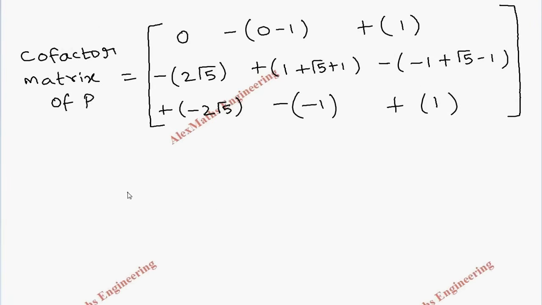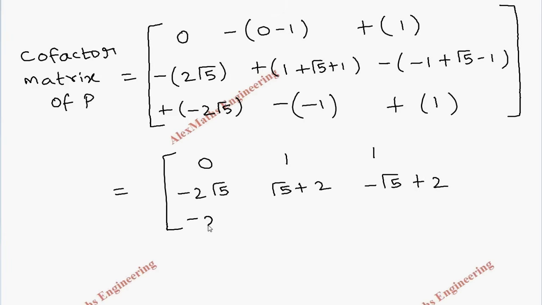Let's simplify this further. The elements are 0, 1, 1, minus 2 root 5, and this is root 5 plus 2, and here it is root 5 minus 2, but there is a minus sign outside. So we make minus root 5, then this is minus 2, so we make this as plus 2.